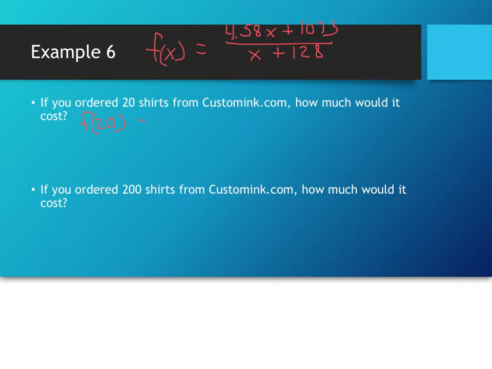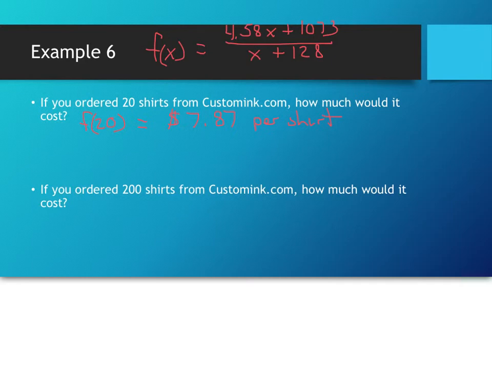you should get back, well, based on how pricing works, they wouldn't give you a decimal that would round less than a penny. So the price they would give you is $7.87 per shirt. Okay.